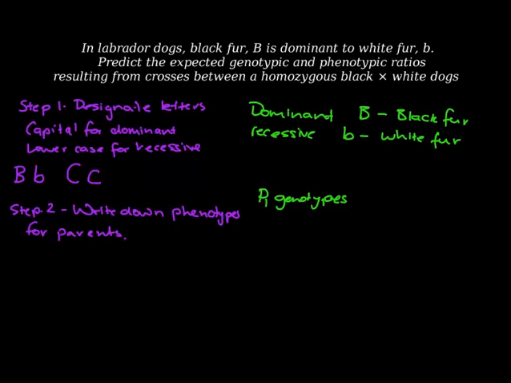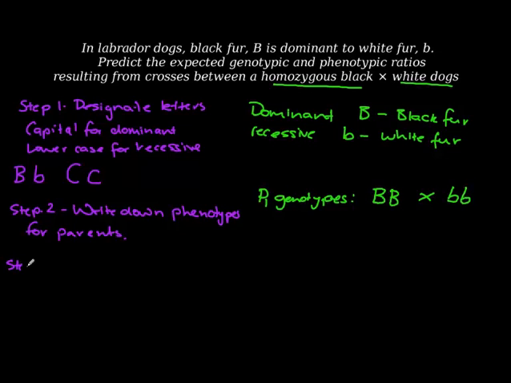It tells us in the answer what we're looking for. So it's a homozygous black dog, black being dominant, so it is a capital B. We know that, we've got our letters there. So our parents are a homozygous black dog, and we're going to cross that with a white dog. Now, white fur is little b. That tells us little b is recessive. For the dog to be white, both of its alleles should be little b.